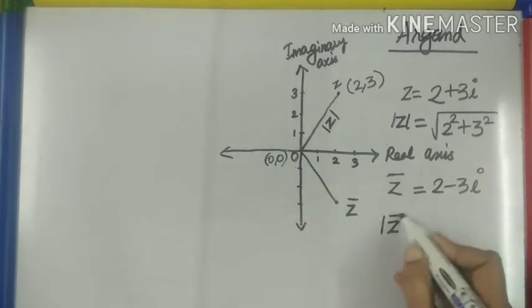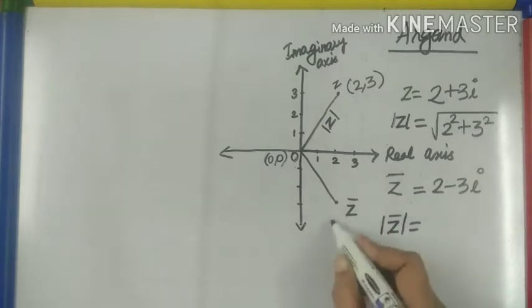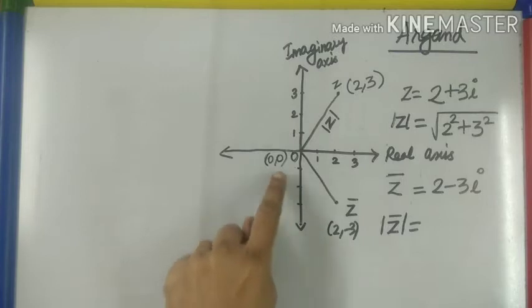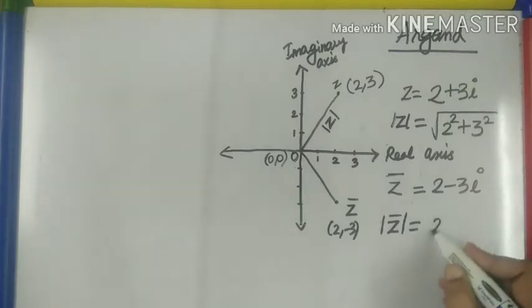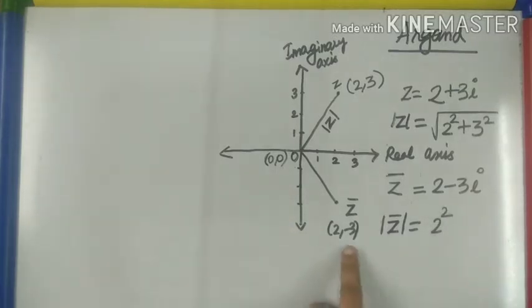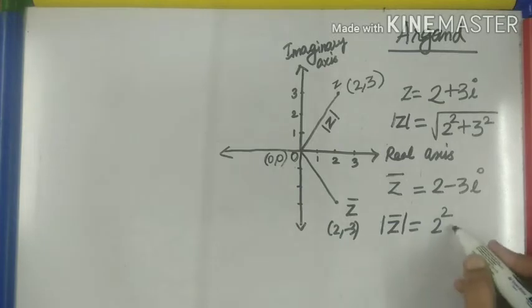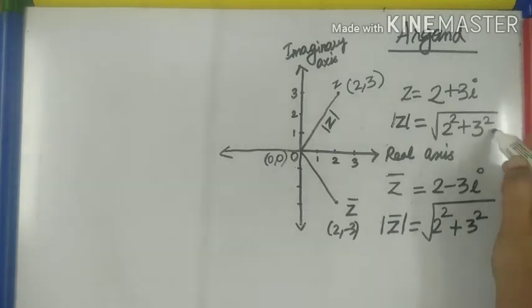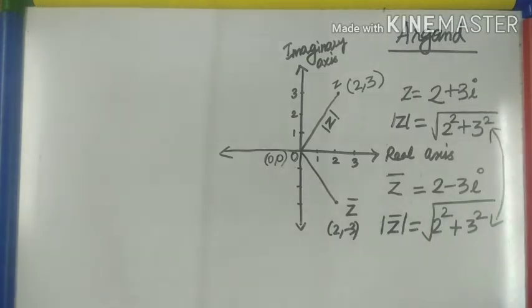Mod z bar is equal to, this is a number 2, minus 3. 2 minus 0 the whole square, 2 square only, plus minus 3 minus 0 the whole square, that is also 3 square only, because minus 3, when I square, becomes positive. So what do I say? These two are naturally equal.